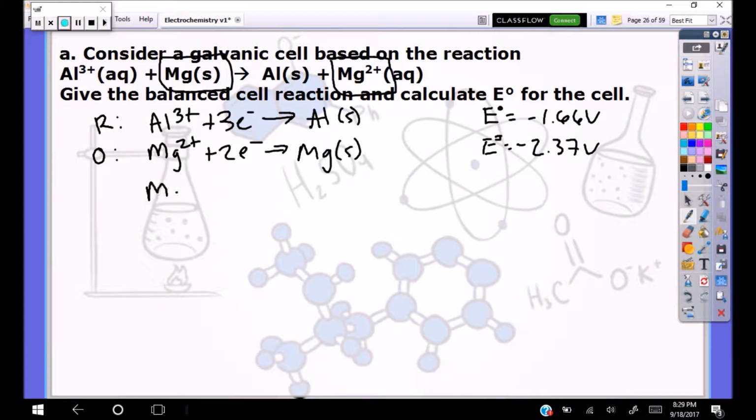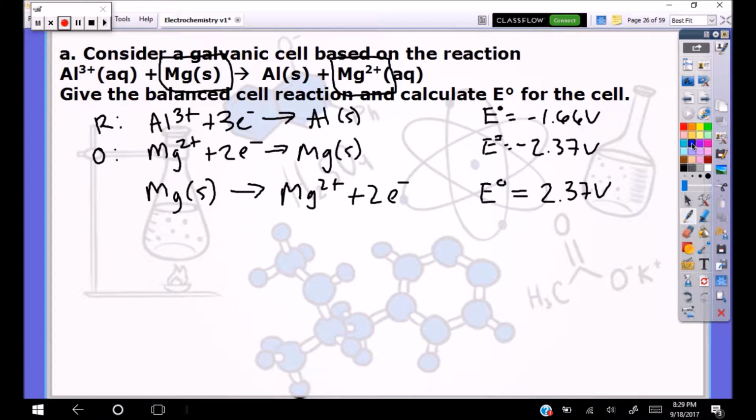We've got Mg solid, and we get Mg2+ and 2e-. Anytime we reverse, we're going to need to change our sign. Okay, and we change our sign, so let's cross this one out. We're done with it.